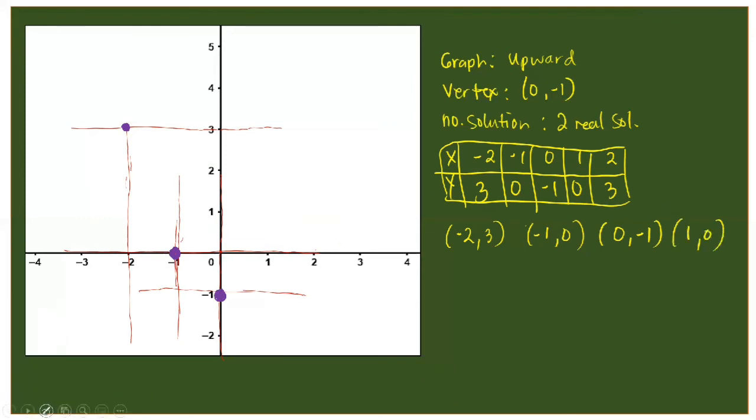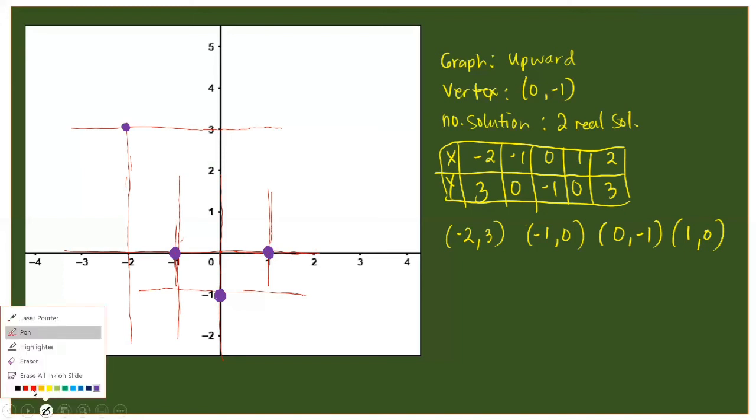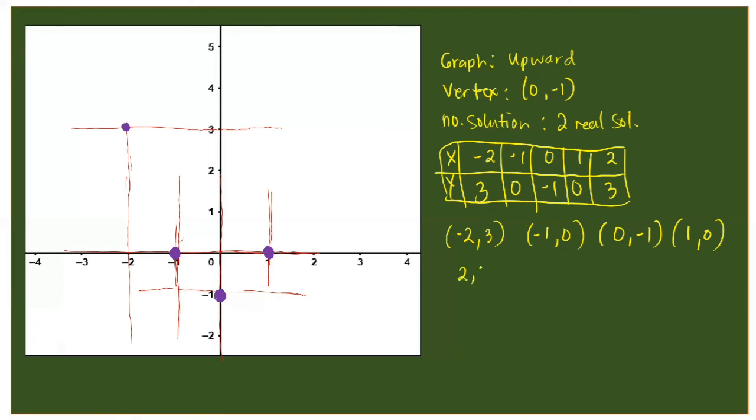Next naman natin is the fourth ordered pair, which is positive 1 and 0. So, let's have the positive 1. So, this is positive 1. And then, this is 0. So, ibig sabihin, dito nag-intersect ang fourth ordered pair natin. Next is the last ordered pair that we have, positive 2 and positive 3. So, let's try to plot positive 2.